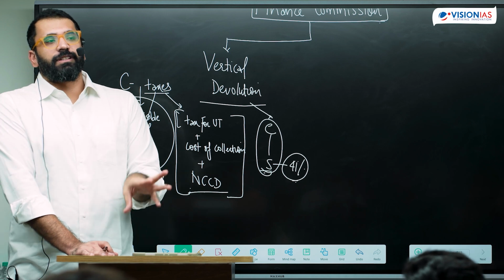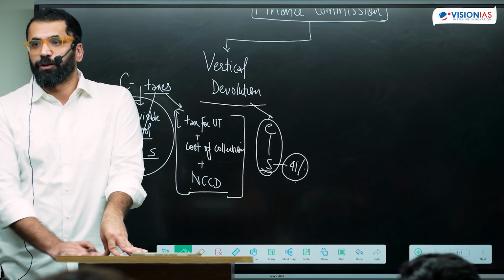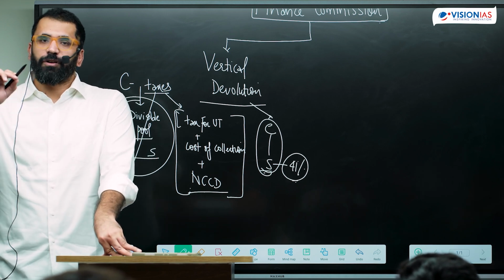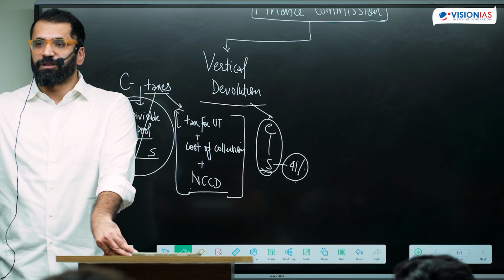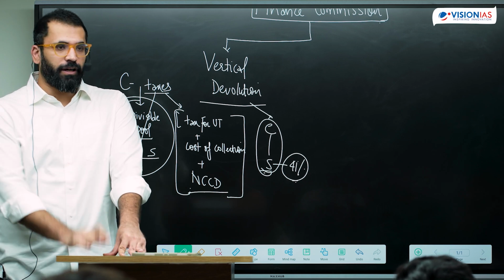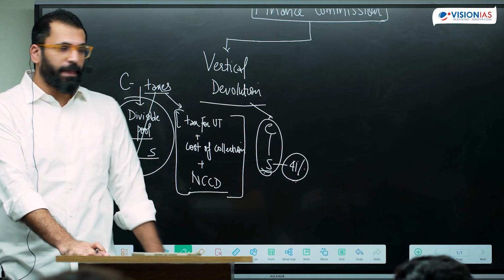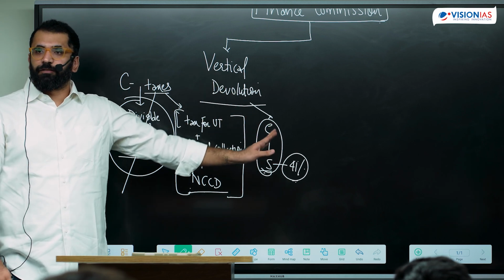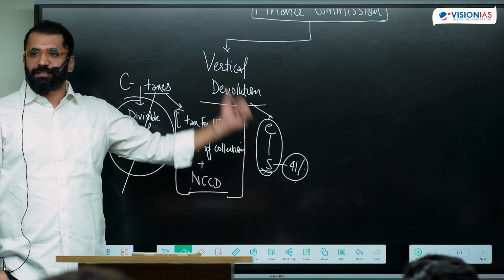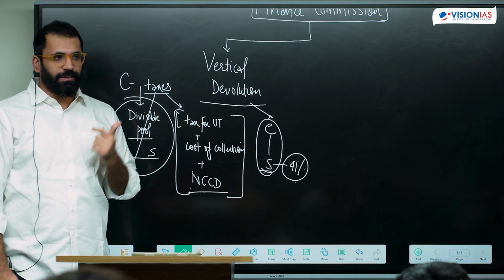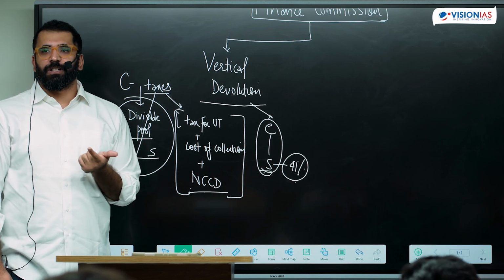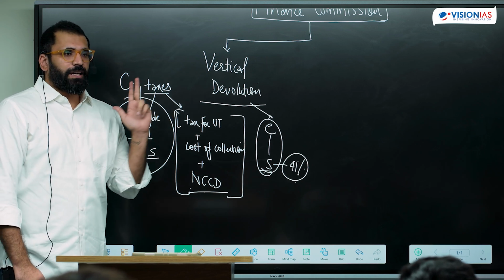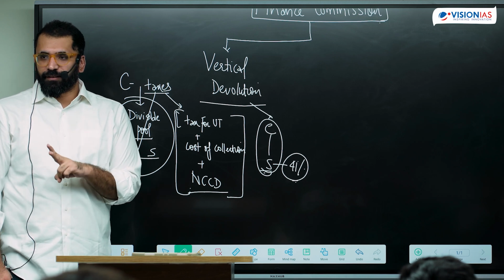Right now we have the 16th Finance Commission which has been constituted, which will give the award for the years 2025 to 2030. Next year is when they are going to give out their recommendations. So vertical devolution is how much of the money the center has collected will go to the states. Why it will go to the states is clear, because developmental responsibility is more with the states, but due to collection efficiency, the center got more taxes.